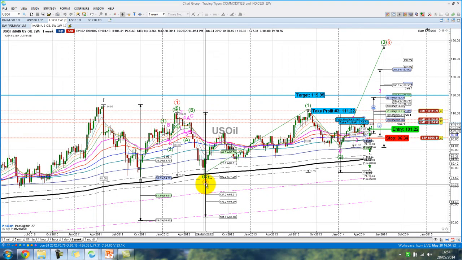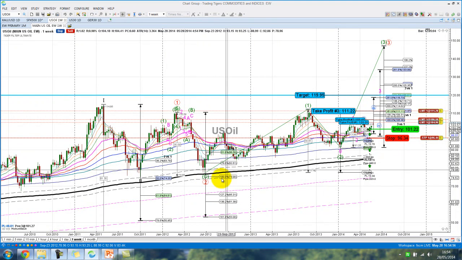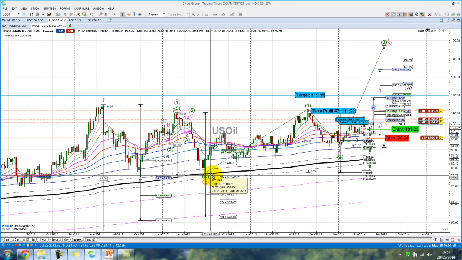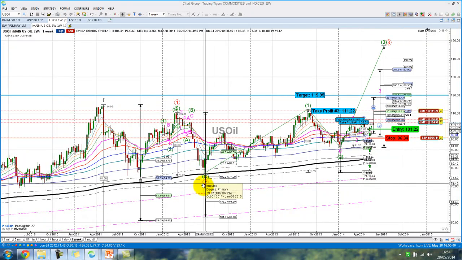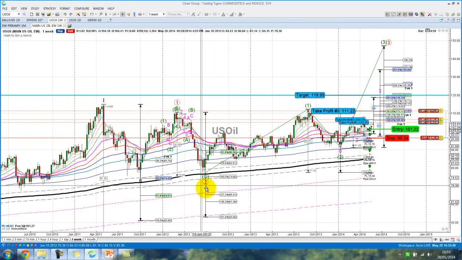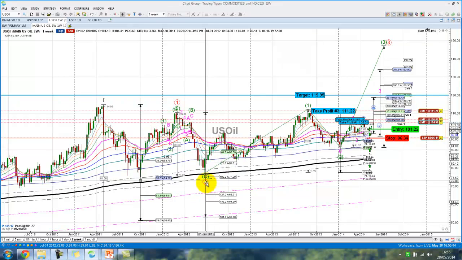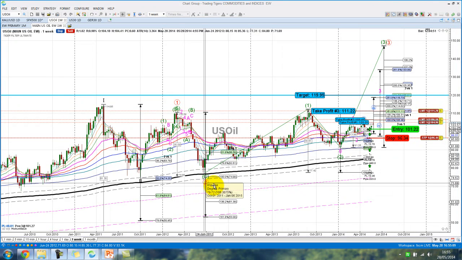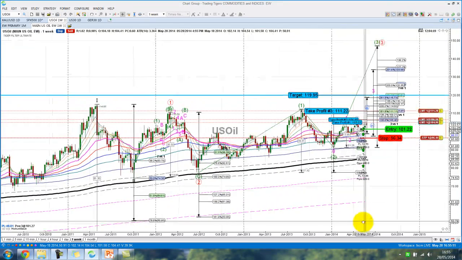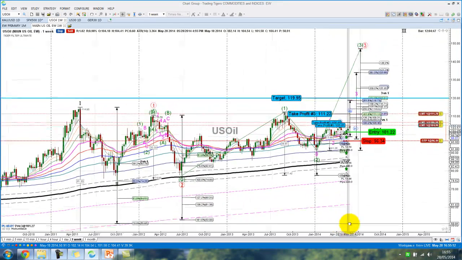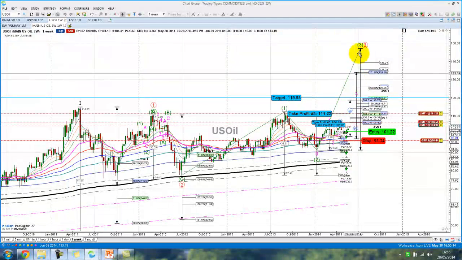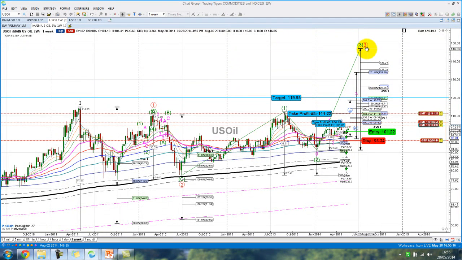It came down and hit very close to the 100% level, but hit our black line, which is important for me to point out to you traders. It came to the 100% level on the low of 24th of June 2012. Right now we're in a wave 3 of the primary, which is red in circles.